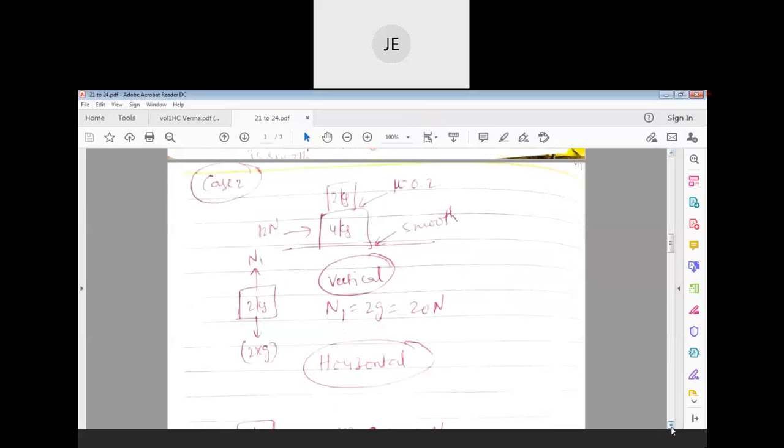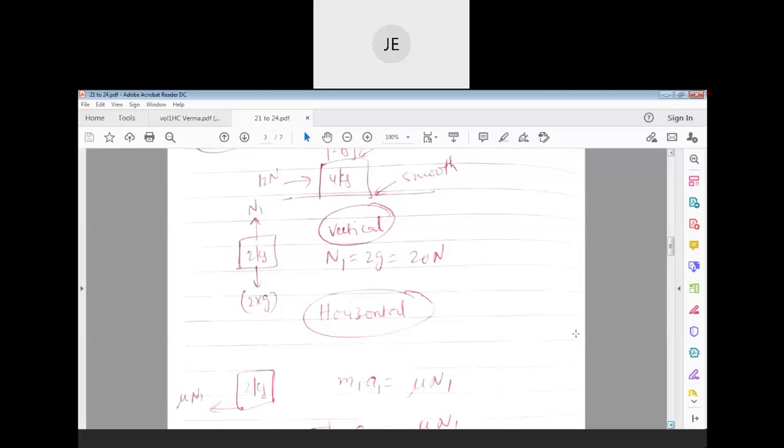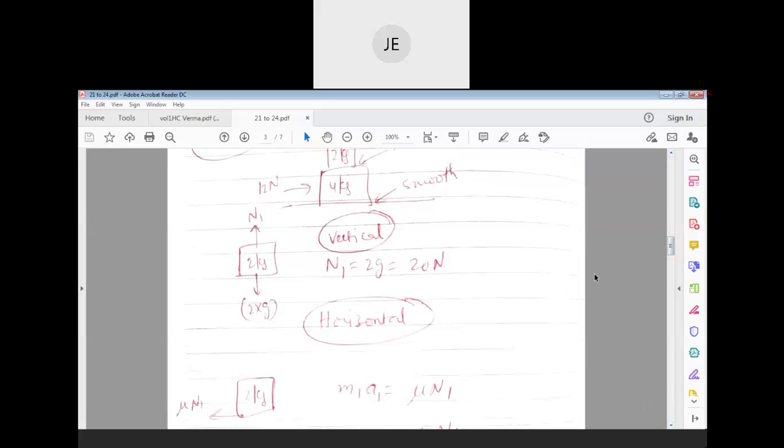Find out the mu value, find out M1, substitute M1, substitute mu, substitute N1, and you will get A1.